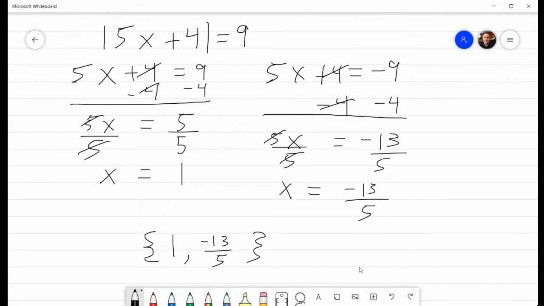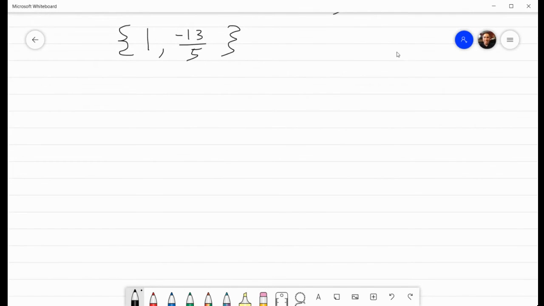All right, so let's keep going then. Now we have the absolute value of minus 3 times x plus 9 equals 8. So we have this one to solve. How do we do that? Just like above, we form two equations.